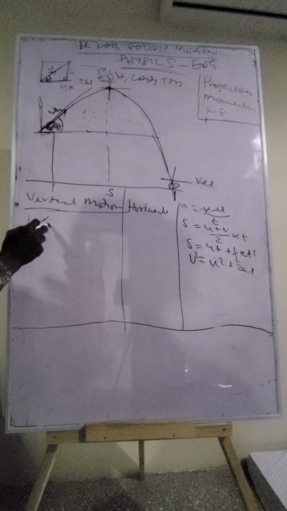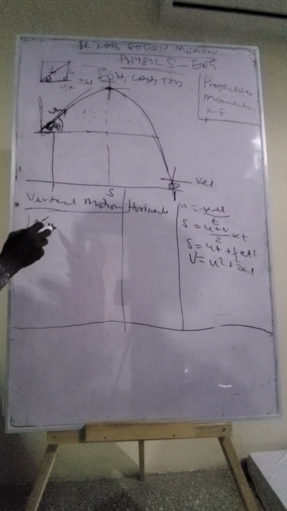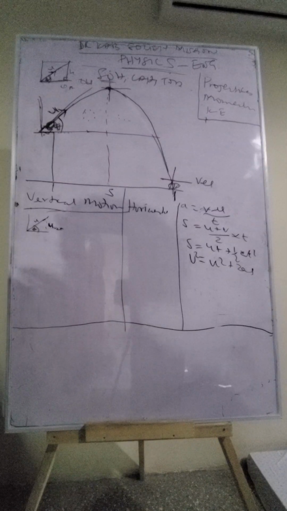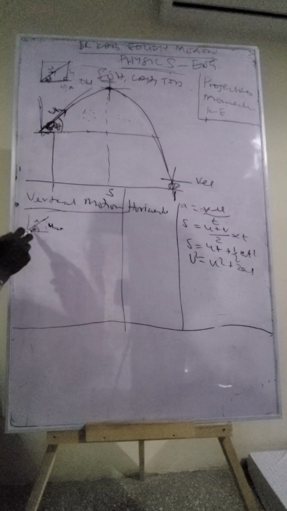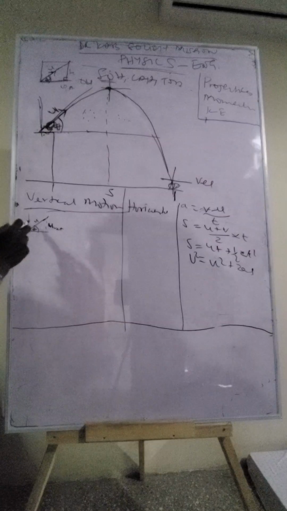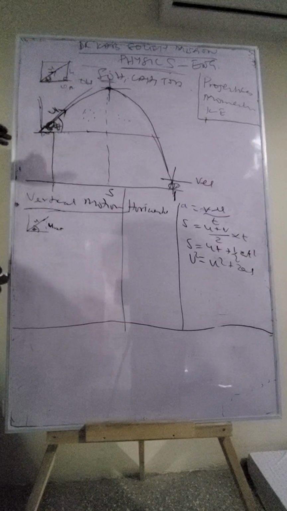So let's say this is u in the vertical direction. You see that they are related by what? Opposite and hypotenuse, which is sine.